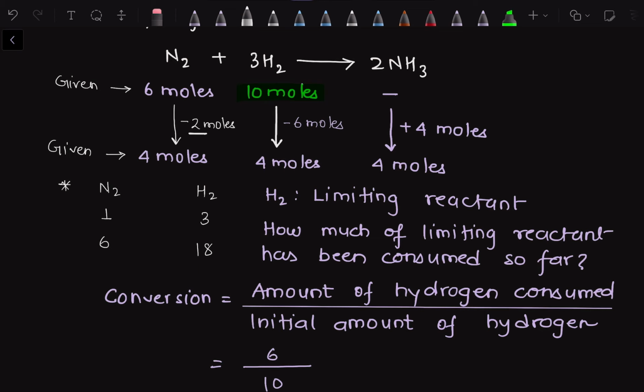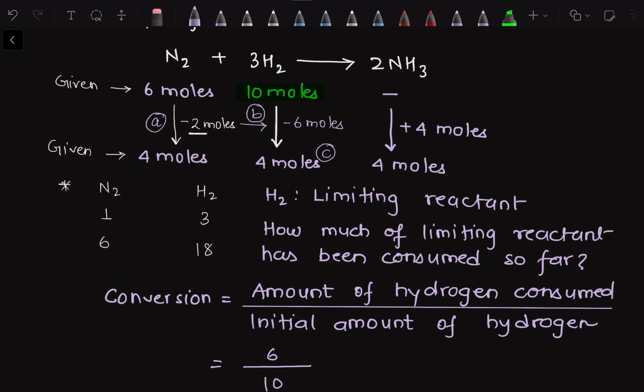On the basis of these two pieces of information, we calculated the amount of nitrogen that has been consumed. Let me mark this step as A. Following this, we calculated the amount of hydrogen that must have been consumed, and let me mark this step as B. And following this, we finally calculated the amount of hydrogen that is remaining in the reactor.